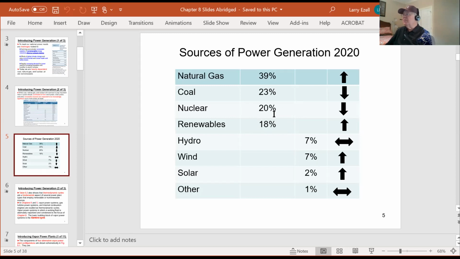And I think, of course, the goal is very commendable, to go to renewables and eliminate carbon emissions from power generation. That's very noble. But in my opinion, and I don't want to get political here, the only way that that's going to happen is if we increase significantly nuclear power.